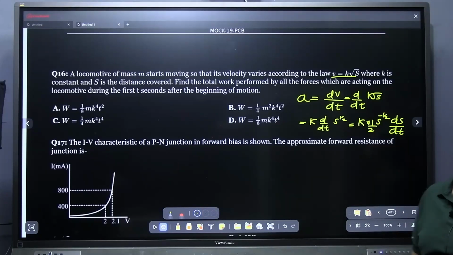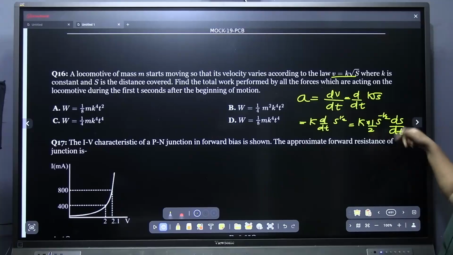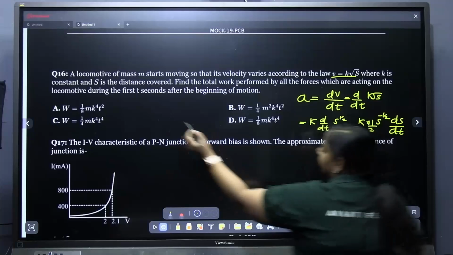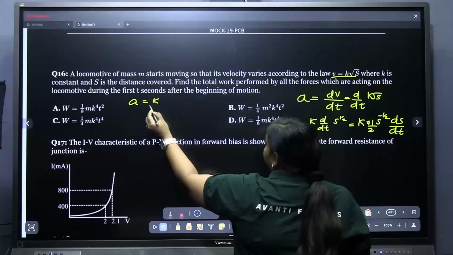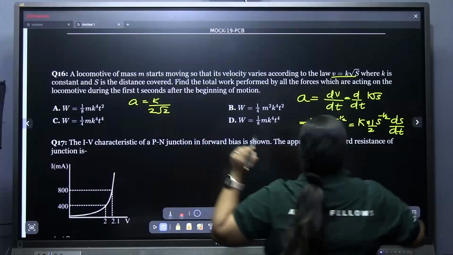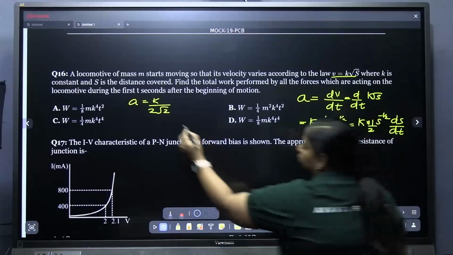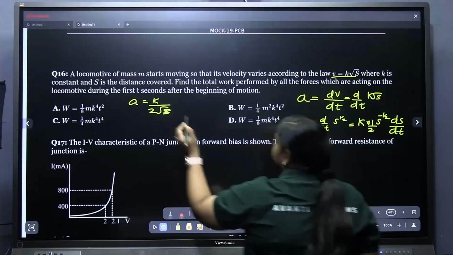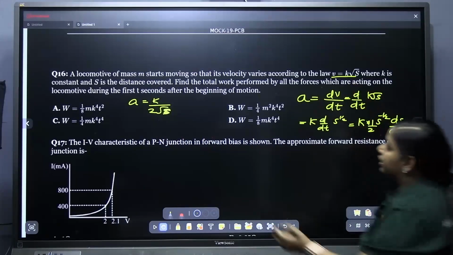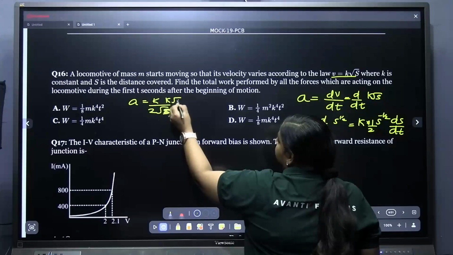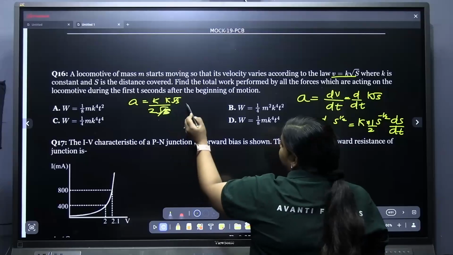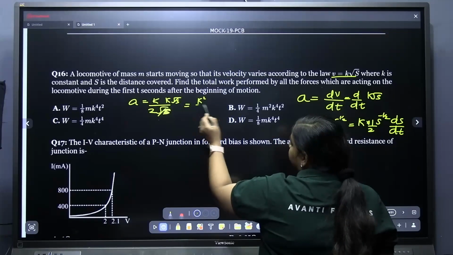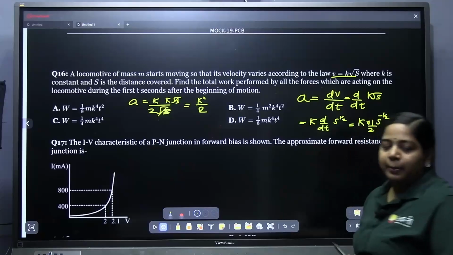S is distance, so ds by dt will be v. Then we will get a equal to k by 2 root s into ds by dt, that is k root s. From this we can say that root s cancelled, acceleration is equal to k square by 2.